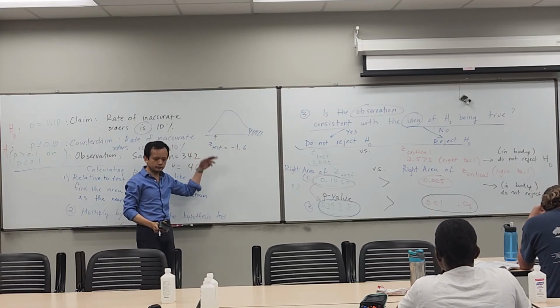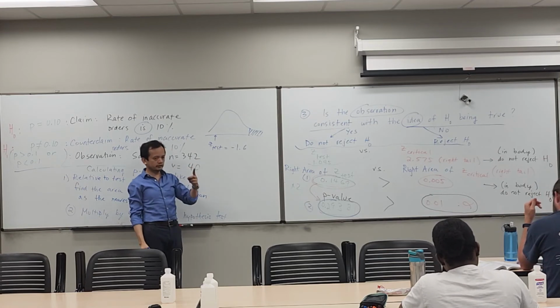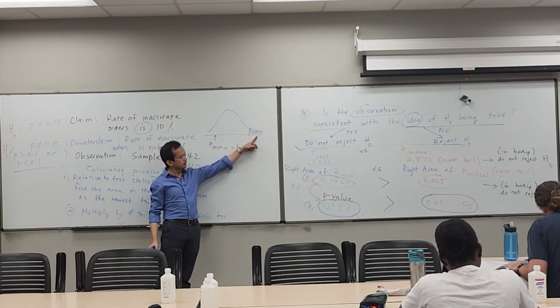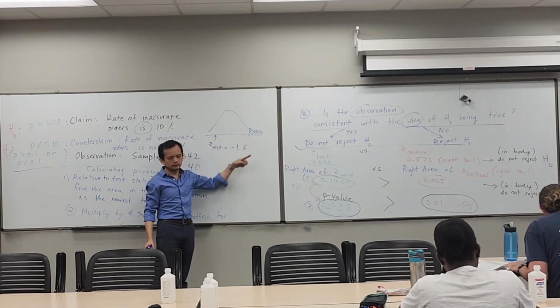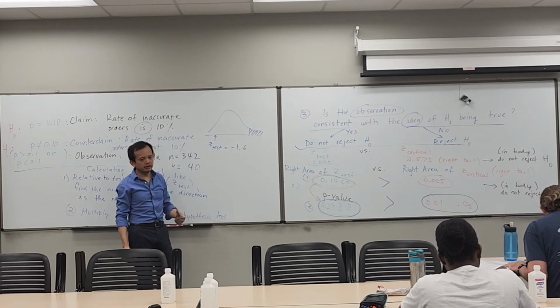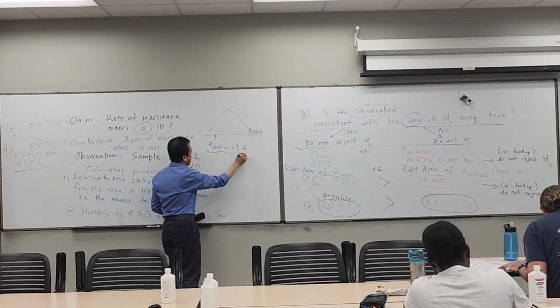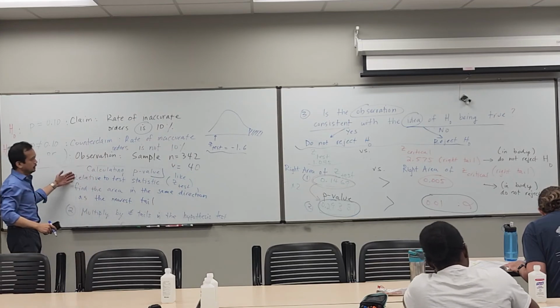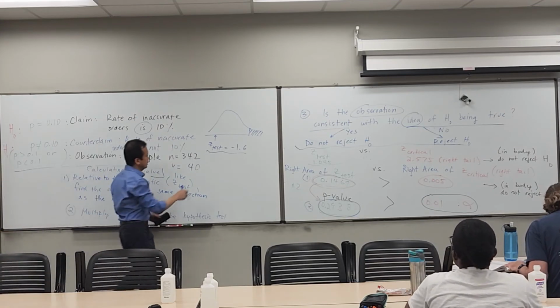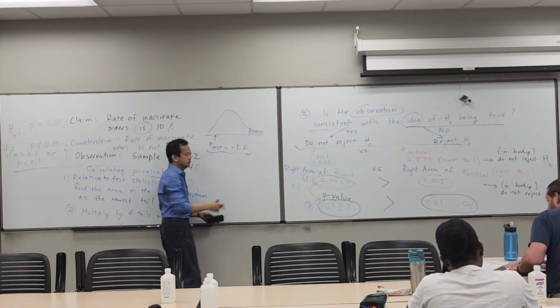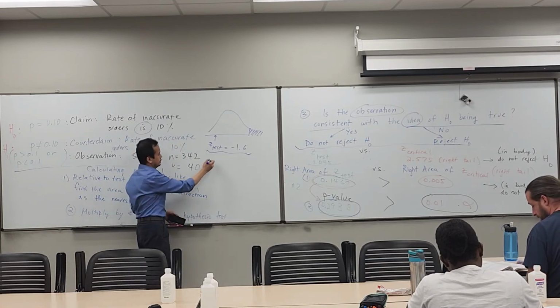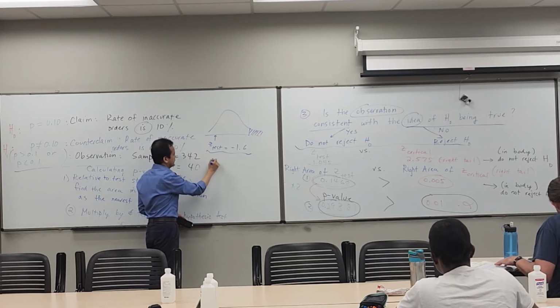So it's on the left side of the distribution. Let's say that this is a one-tailed test, and specifically it's a right tail. So the question is, what's the p-value? So take a moment, based on what we just talked about, these two steps, calculate the p-value on your own or with your neighbor, and then we'll talk about it.